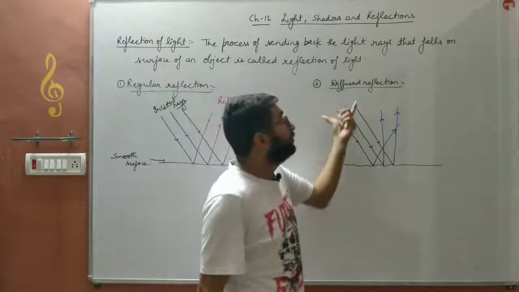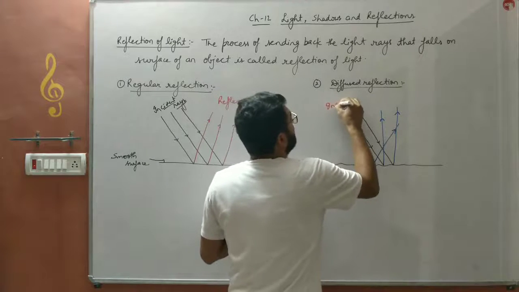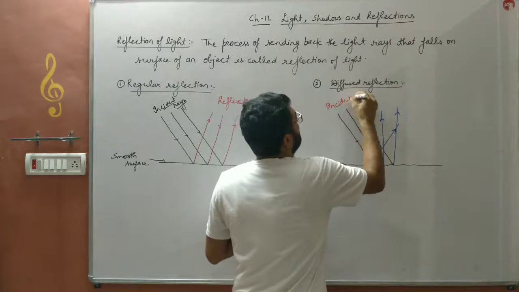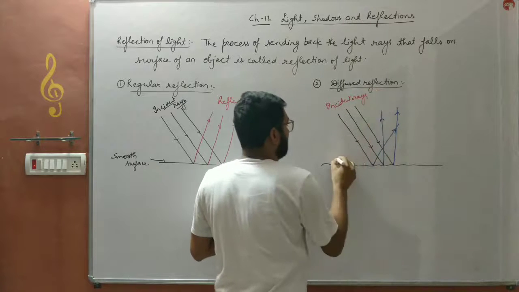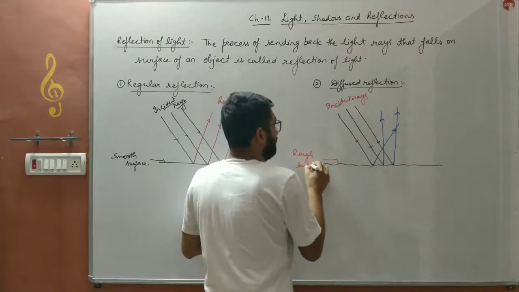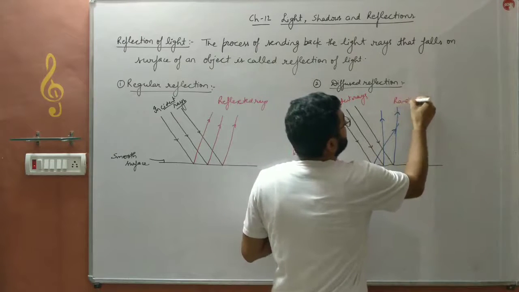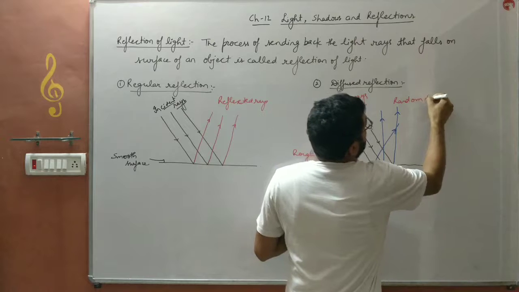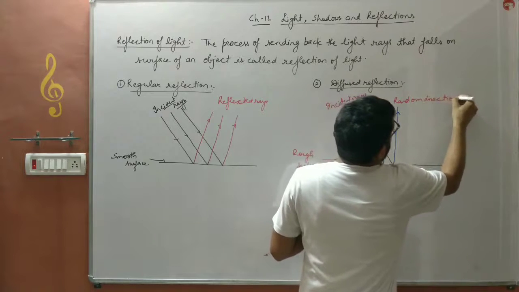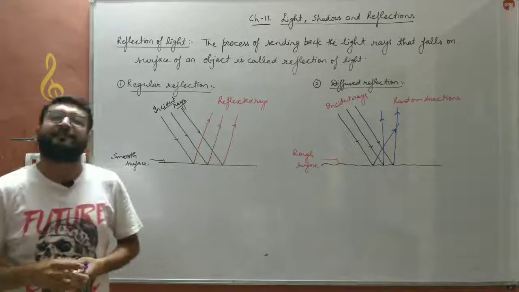Whereas in the diffused or irregular reflection, the incident parallel rays which come, which strike on this rough surface, will bend back in random directions. So that type of reflection is known as diffused reflection.